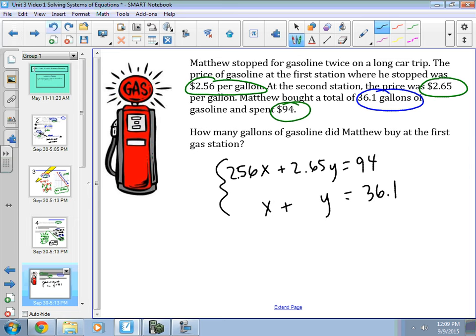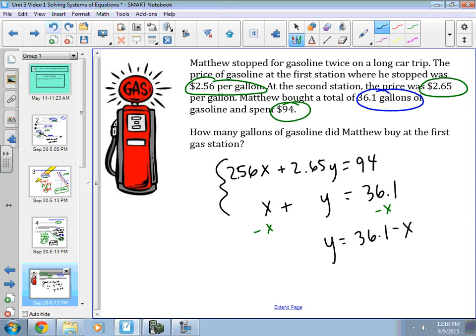Okay, to solve this, we can use that method we just did by solving for one of the variables. So again, let's pick one to do. It looks like the second equation is probably a little bit easier to do. Let's minus an x from both sides and get the equation y equals 36.1 minus x.